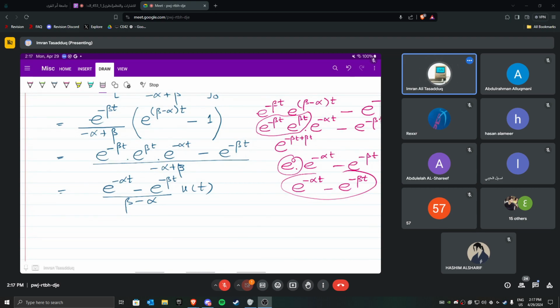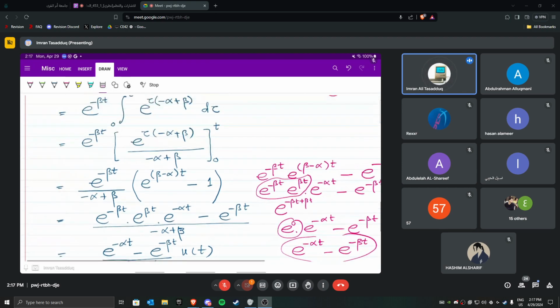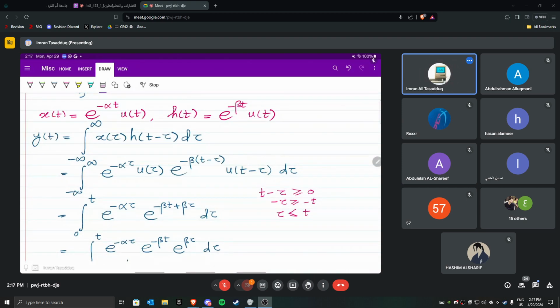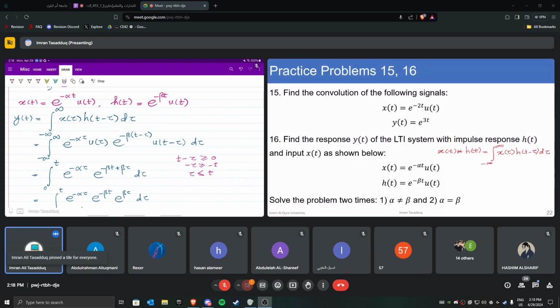All right. So now let's go back to the same question. Here you can see that x is e to the power minus alpha t u of t, and h was e to the power minus beta t u of t. The slide clearly says that you do it two times.